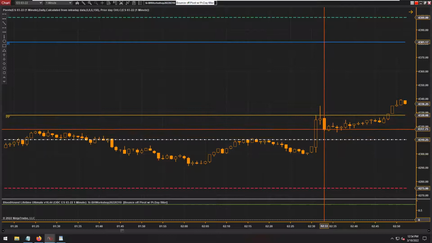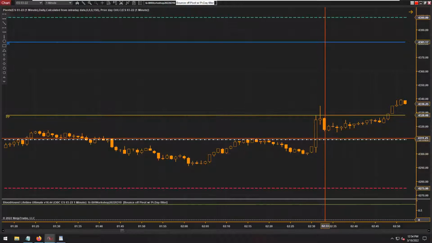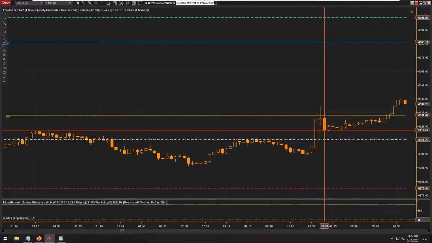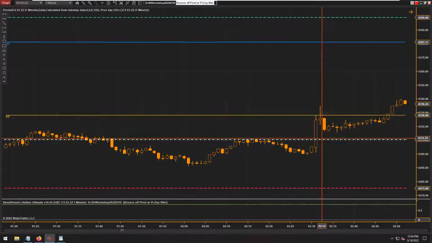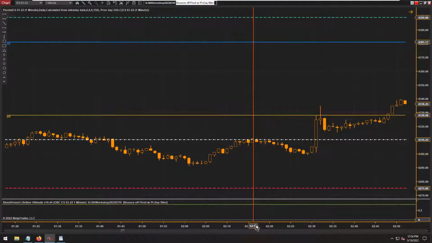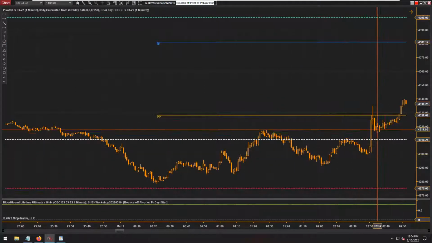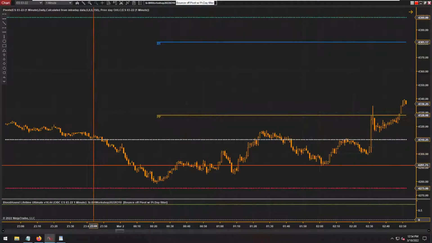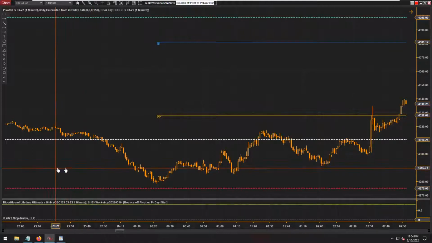But if you look at where it closed, it closed within 7 points of the prior day close line. So that's about 7 points away. So that was too close to generate a short bounce because the prior day close is within 10 points. So there you go. Another confirmation that the 10-point requirement is working.